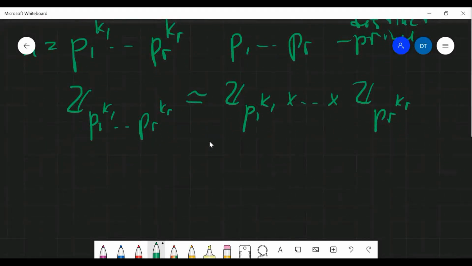And how does it work? If you go from the left to right, you just reduce each element modulo the corresponding modulus.